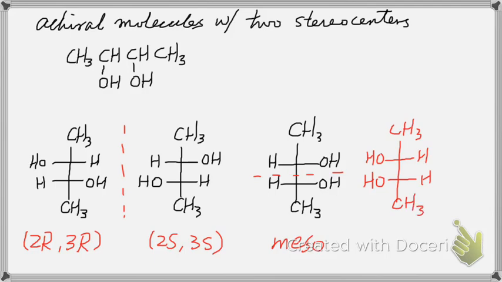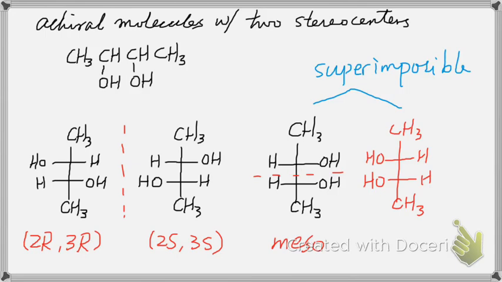But the mirror image of the mesoform is superimposable onto itself. So if you turn the molecule in the plane 180 degrees, you see how they overlap.